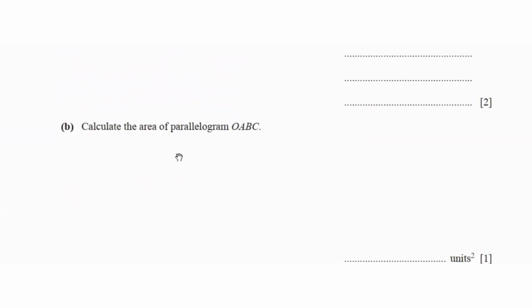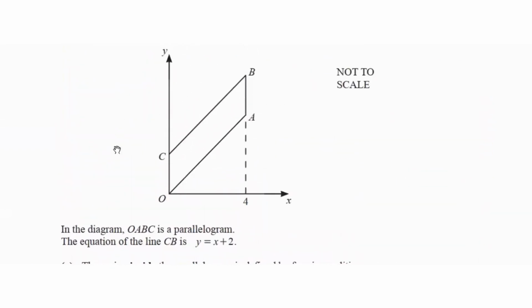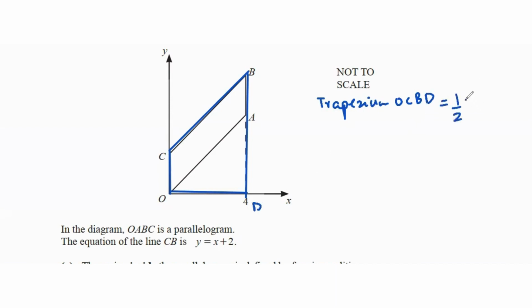Calculate the area of the parallelogram OABC. So to calculate the area, I'm going to take this as the trapezium first. Trapezium OCB, I call this D. So that's going to be 1 over 2 times the height. Height is 4.